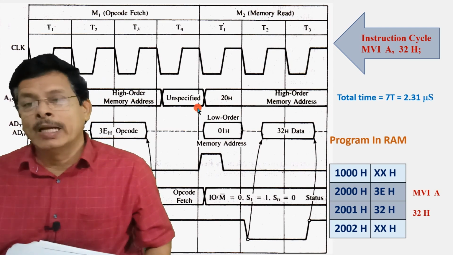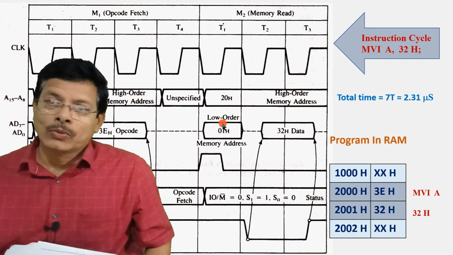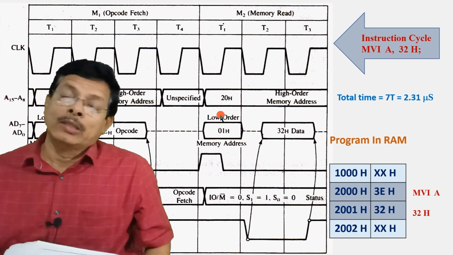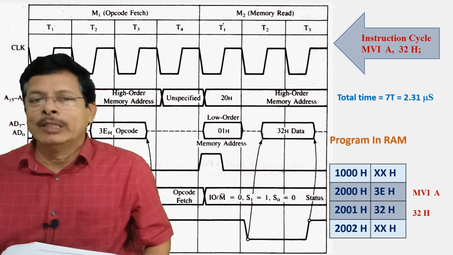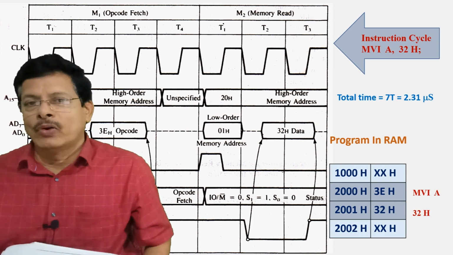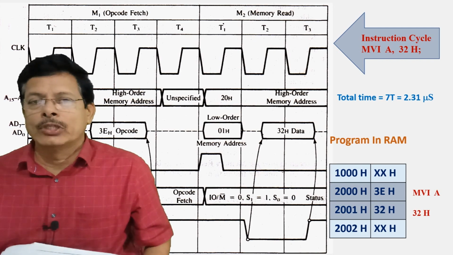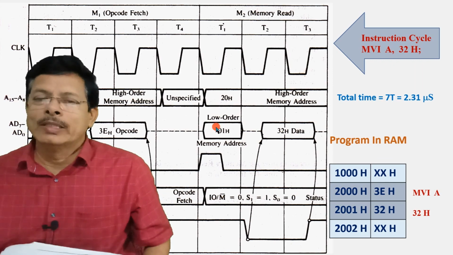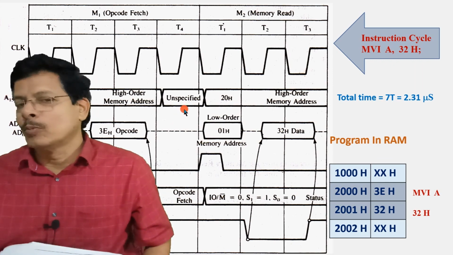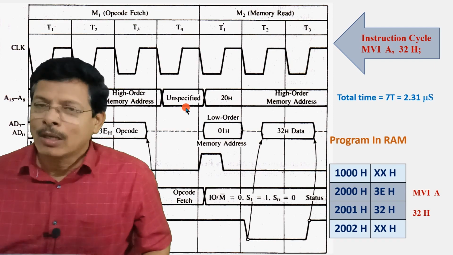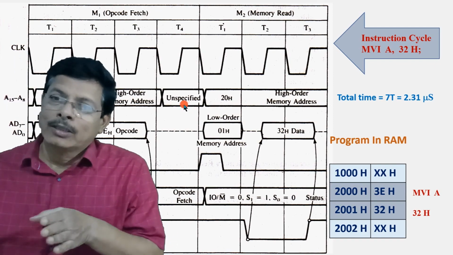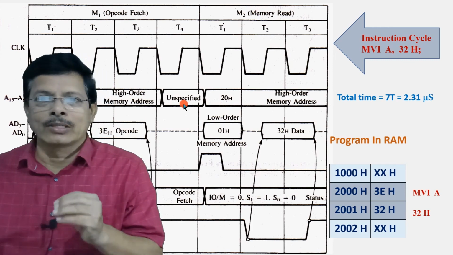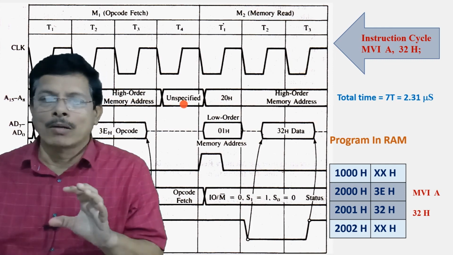So observe the diagram carefully, and also watch the earlier video where I explained the demultiplexing of the bus, the function of the program counter, the function of the ALE signal, the function of the RD bar signal. So you'll understand slowly how the microprocessor executes instruction by instruction, one after the other, till it reaches the last instruction, and the last instruction is always halt, that is stop.